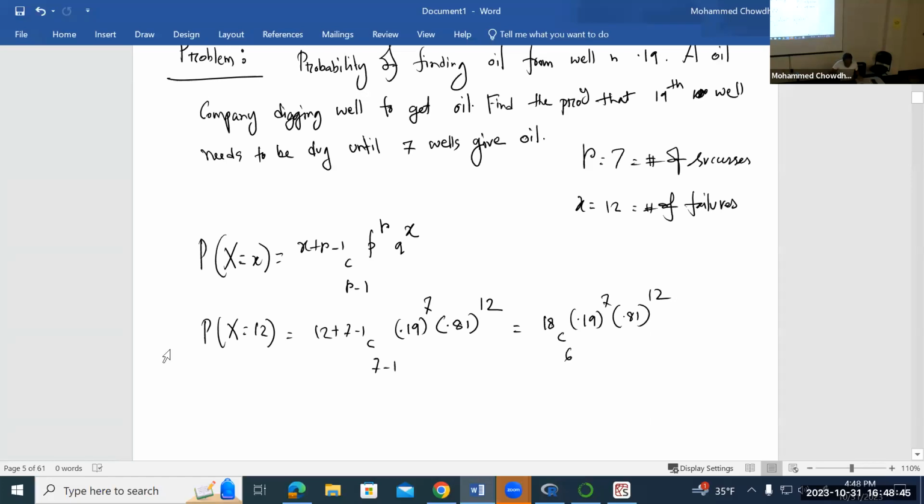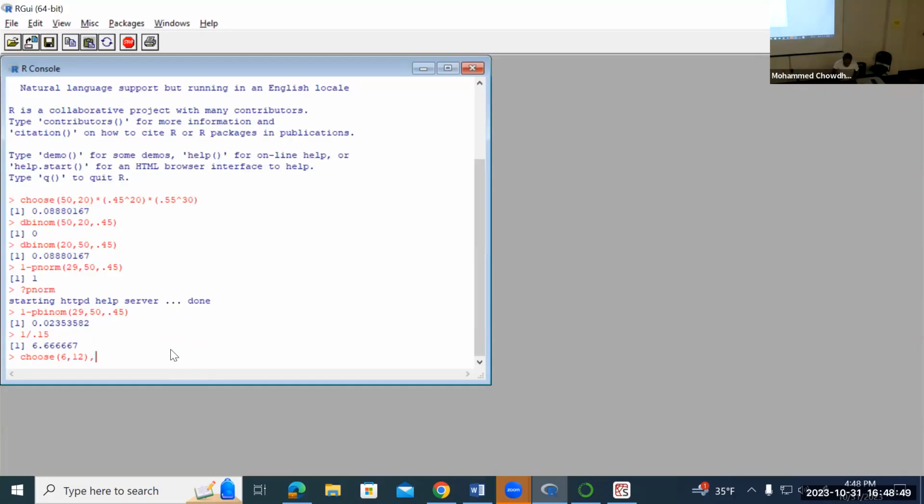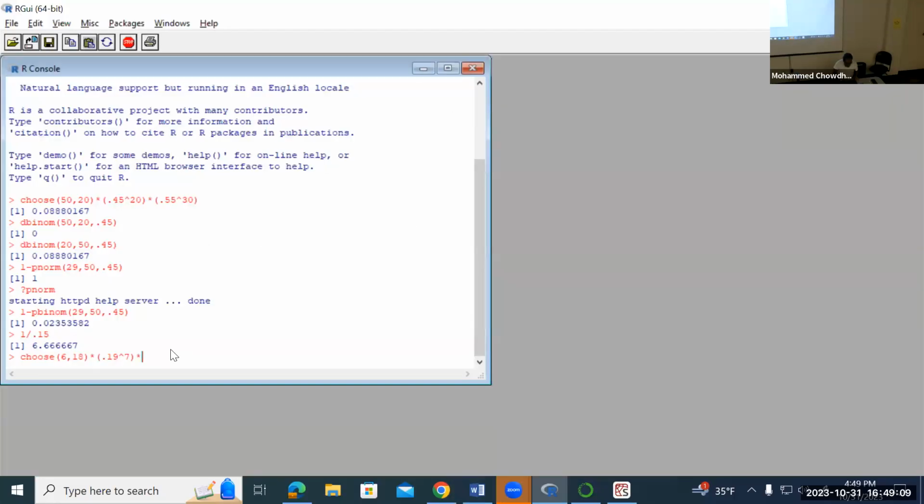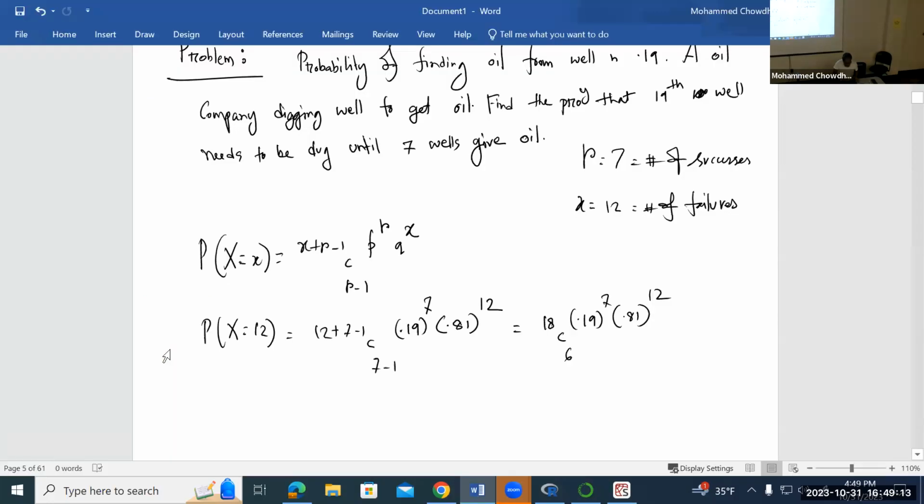No. 18 choose 6. Yeah, 18 choose 6. Then 0.19 to the power 7, 0.81 to the power 12.